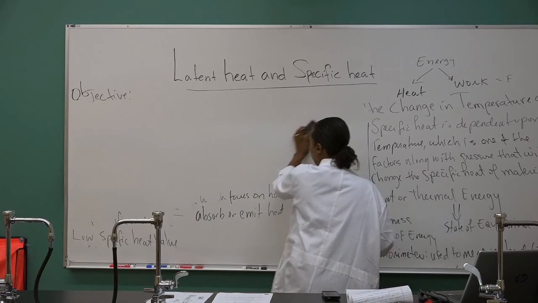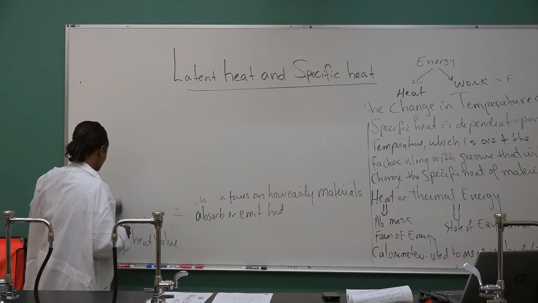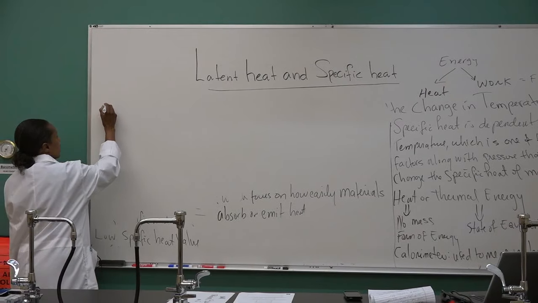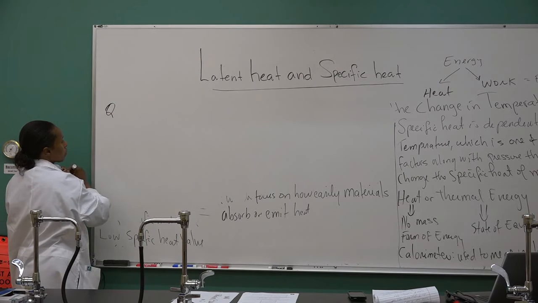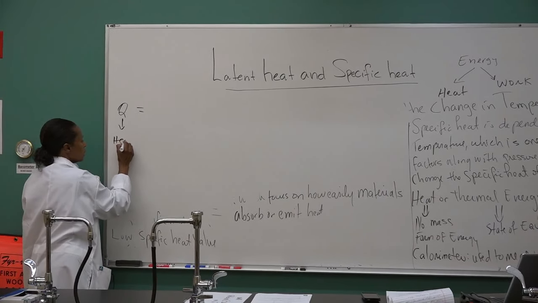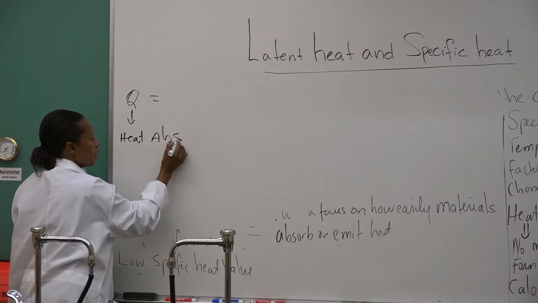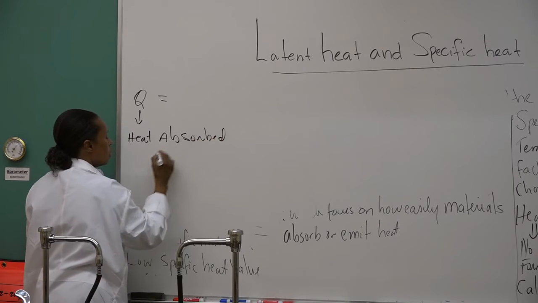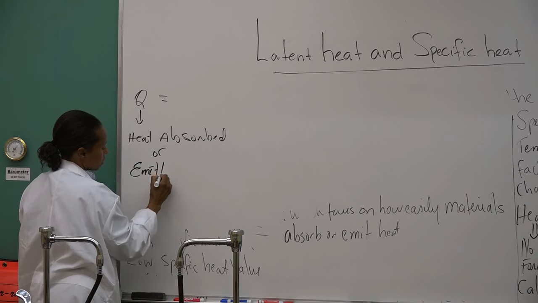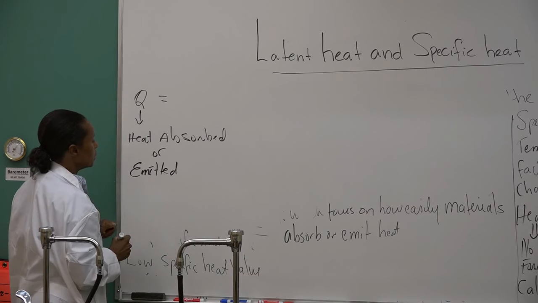As we measure that amount of heat released or absorbed, then we need to represent it by variables, and your variable will be Q. So Q is going to be representing heat absorbed or emitted, meaning release, by the material.